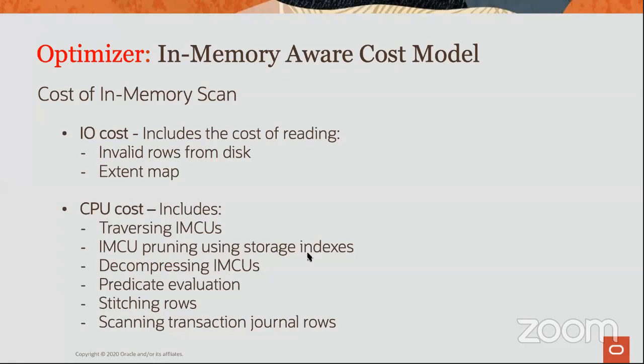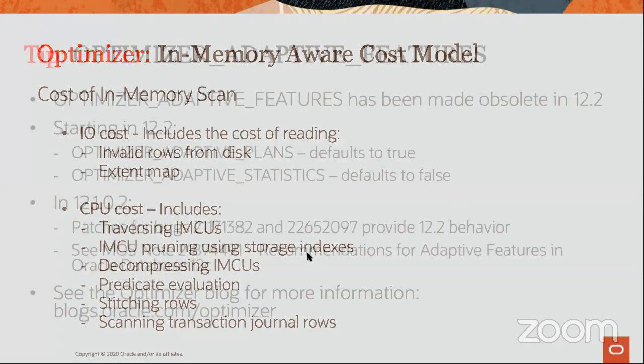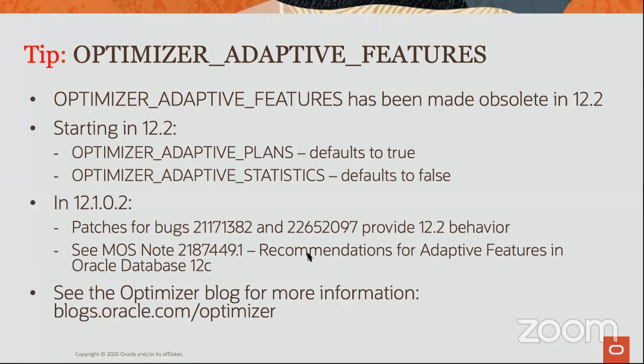So I just wanted to make you aware that it's actually very sophisticated how this is all done. You can even look at this if you want to generate an optimizer trace file, if you get that deep into how Oracle works. In addition to that, in 12.1, we introduced something called optimizer adaptive features.